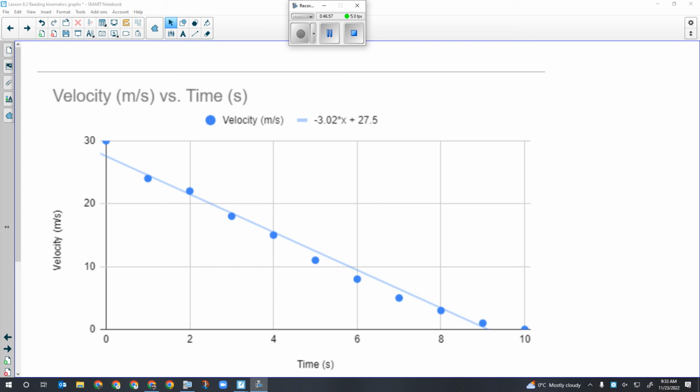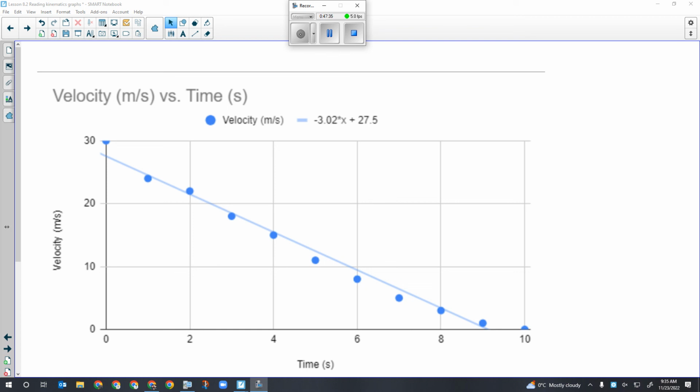Could I calculate the displacement of this object? Give it a try. What do I not know exactly that I need to calculate displacement? No, that I can get. I know the two y values. The two y values are 27.5 and 0.